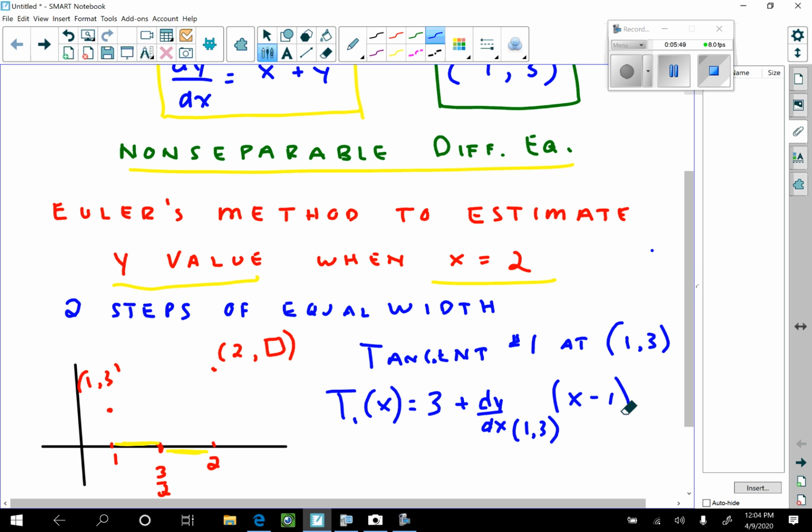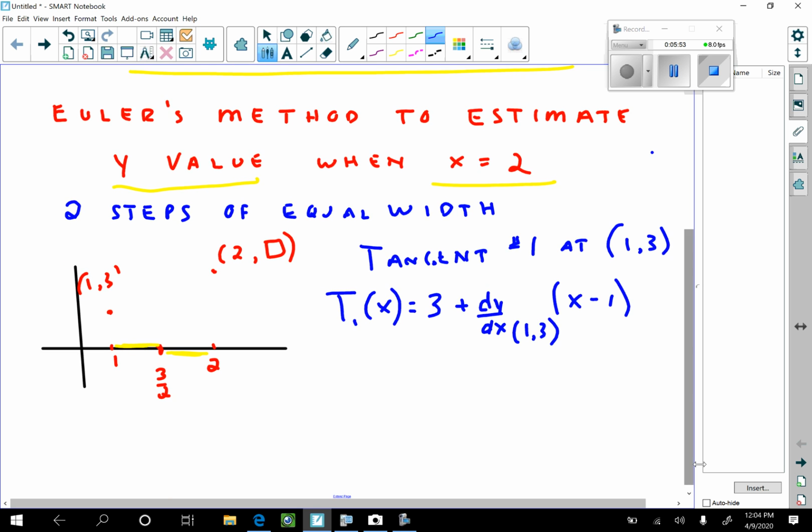That's simply a tangent line. We've been talking about tangent lines a lot since the beginning of the year. All I need to know for this equation is what is dy/dx at (1, 3). Let's not forget what dy/dx was. I'm just going to rewrite it here, so I have to keep sliding up. dy/dx was simply equal to x plus y.